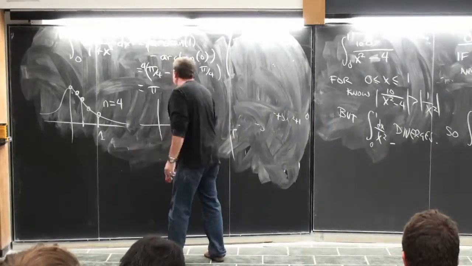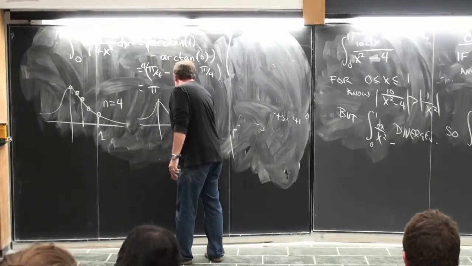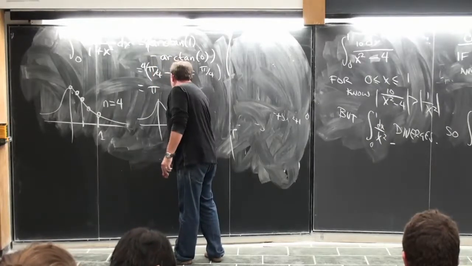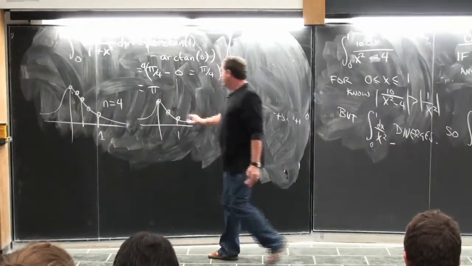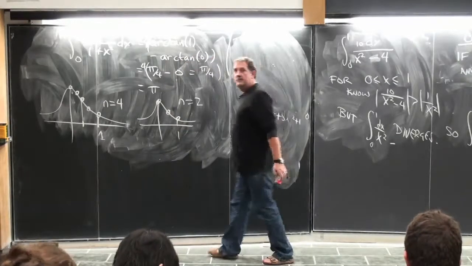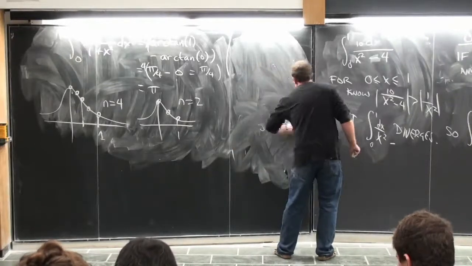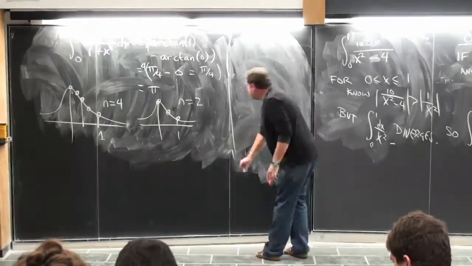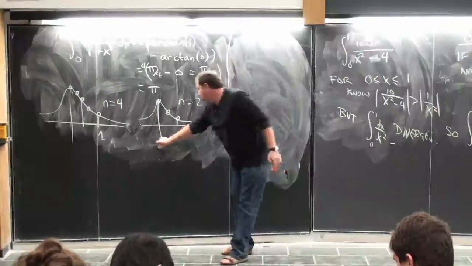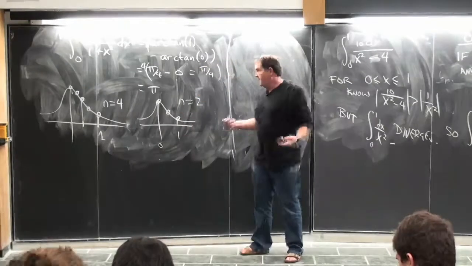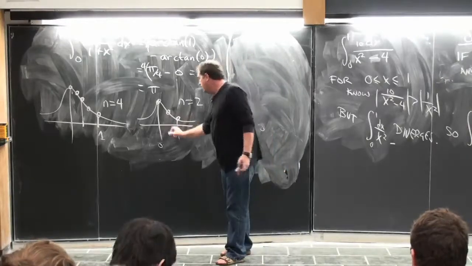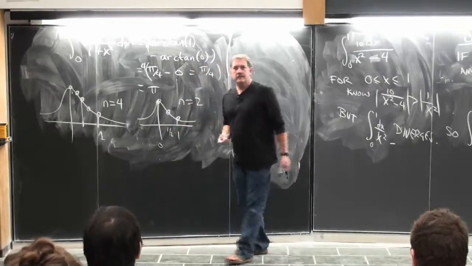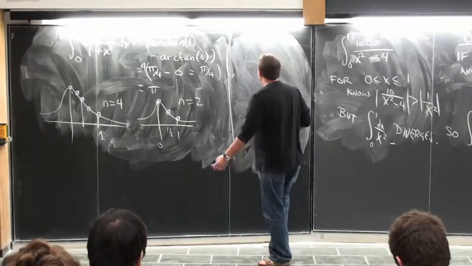For n equals 2, we have 3 points we need to find, going from 0 to 1, equally spaced. So there's 0, 1/2, and 1. There we go. That's it.